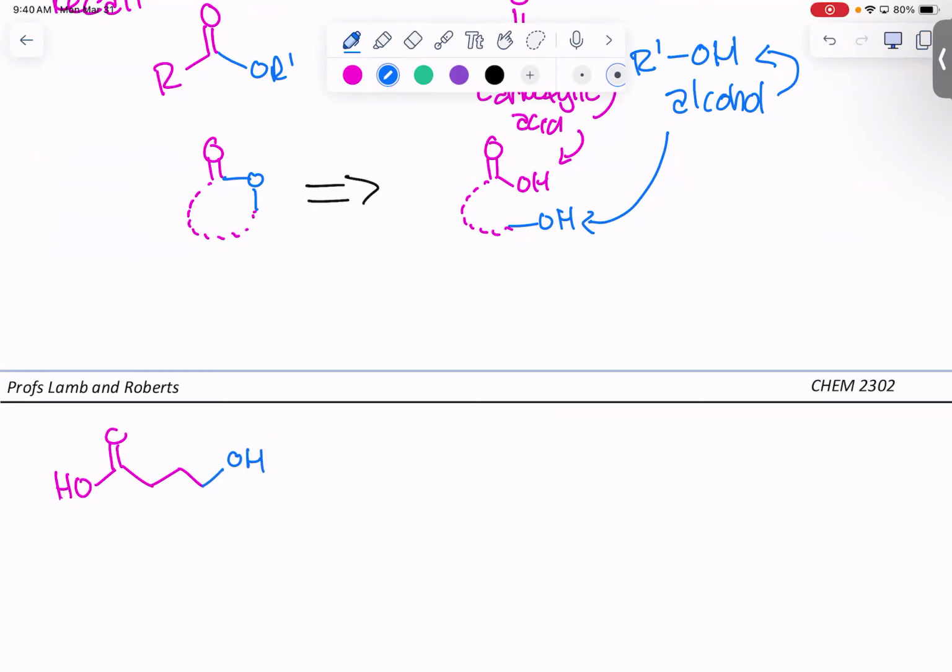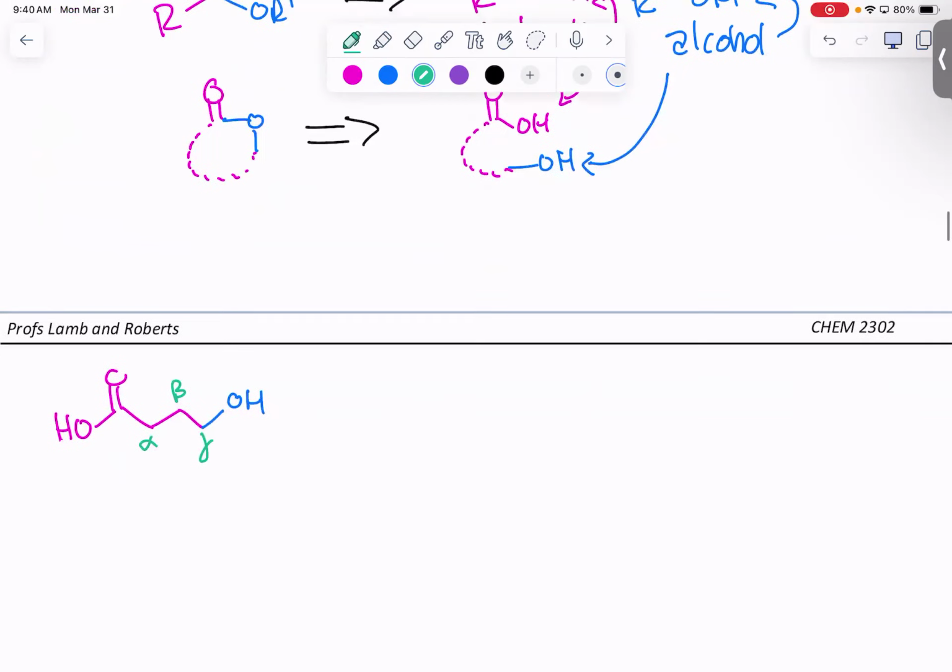All right. So in this case, we know that we can number these positions, alpha, beta, gamma. Right? We learned naming for carbonyl compounds like aldehydes and ketones. Turns out it's the exact same for carboxylic acids. That's still the alpha position. Right? Great. So now how many carbons do we have in the chain? Let's say number of carbons in our ring plus number of oxygens.